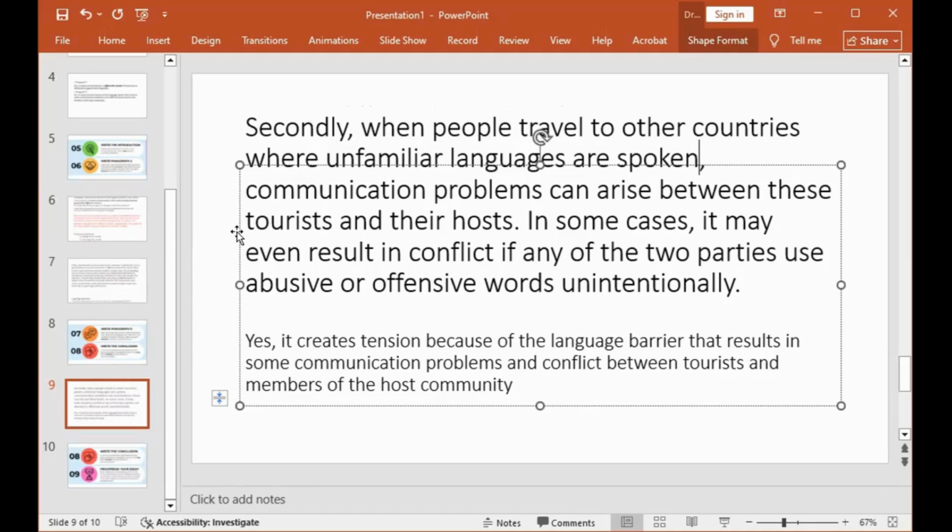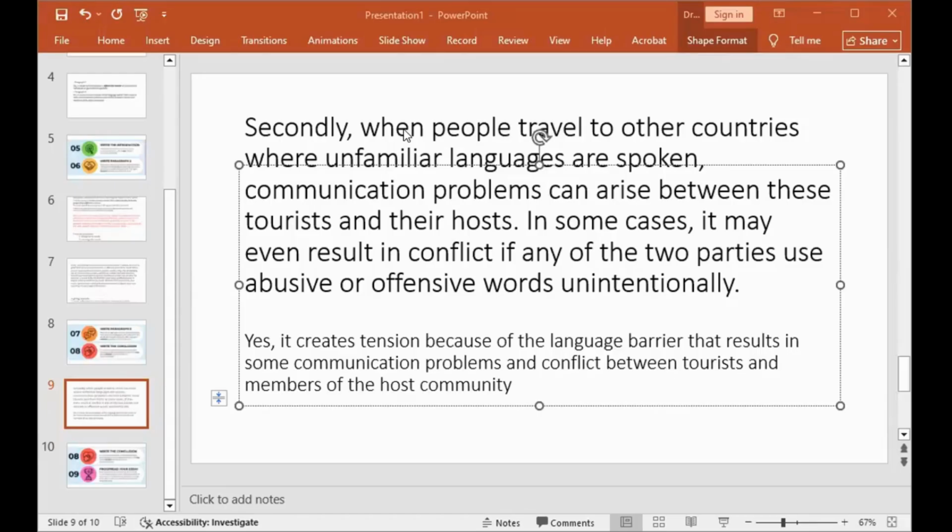So secondly, when people travel to other countries where unfamiliar languages are spoken, communication problems can arise between these tourists and their hosts.